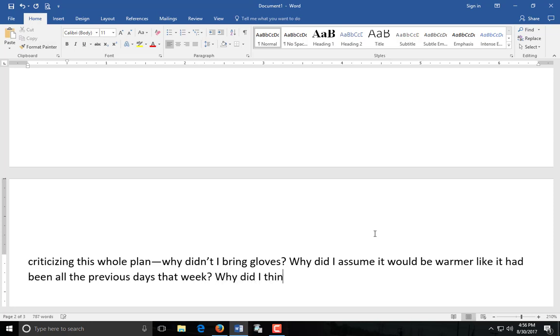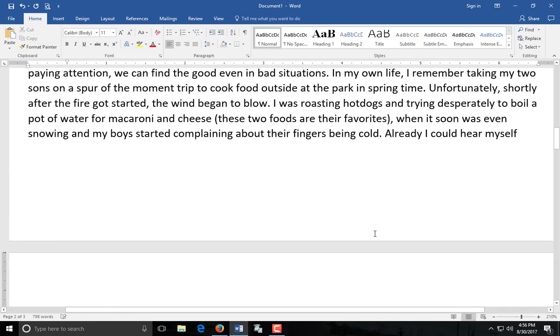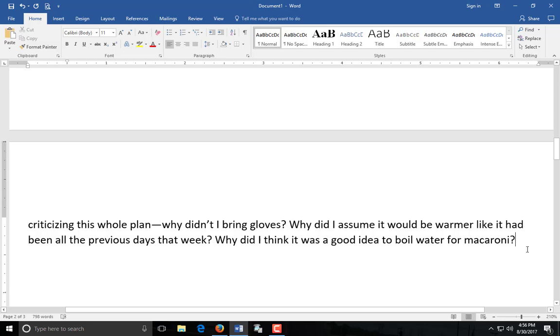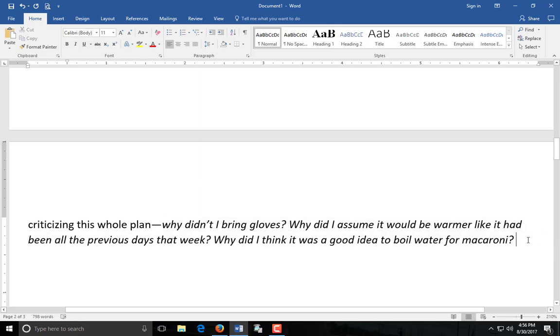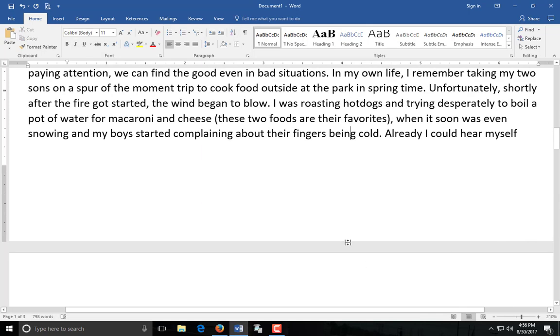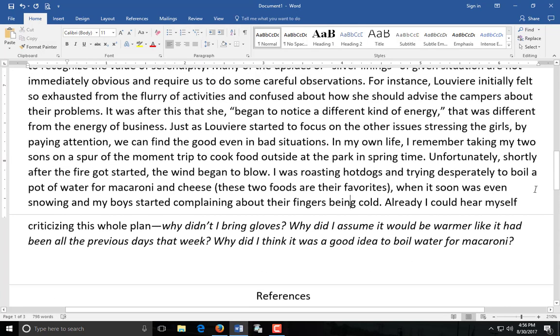Why did I think it was a good idea to boil water for macaroni? Italicize them to show that it's like my thoughts or something. Make this positive. Okay.